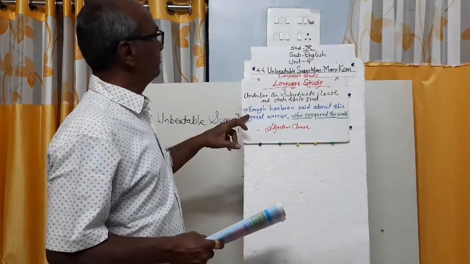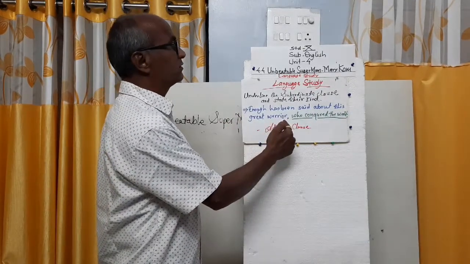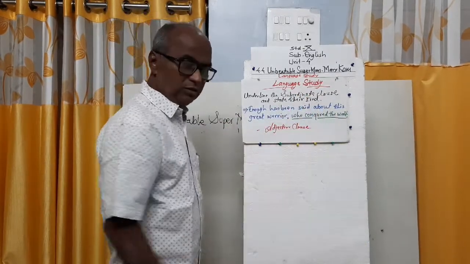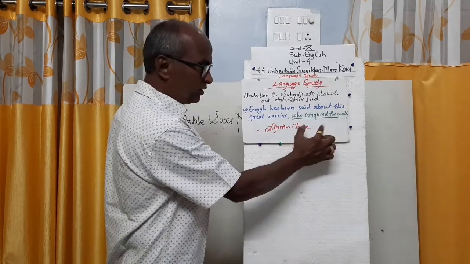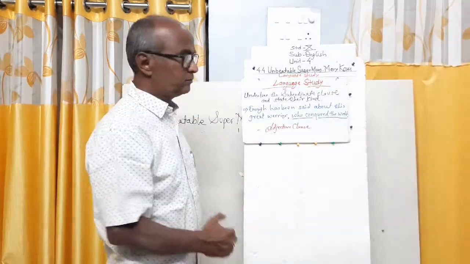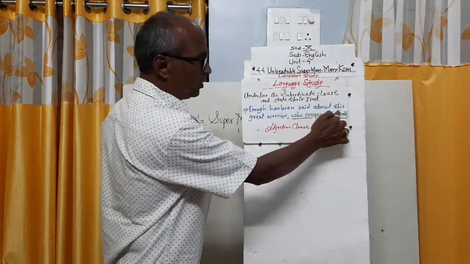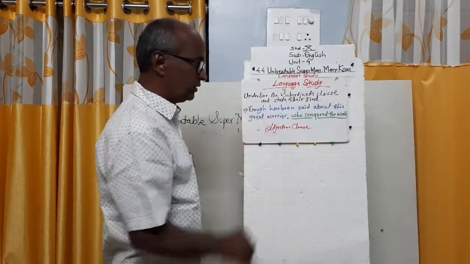The first sentence, A: Enough has been said about this great warrior who conquered the world. I have put the subordinate clause in green ink. Who conquered the world is the subordinate clause in the given sentence.